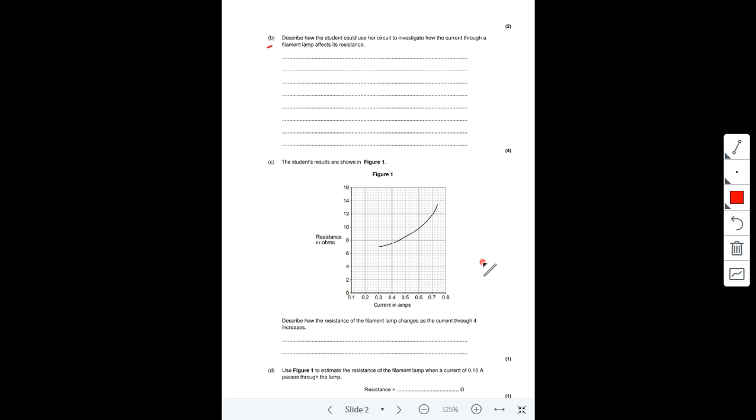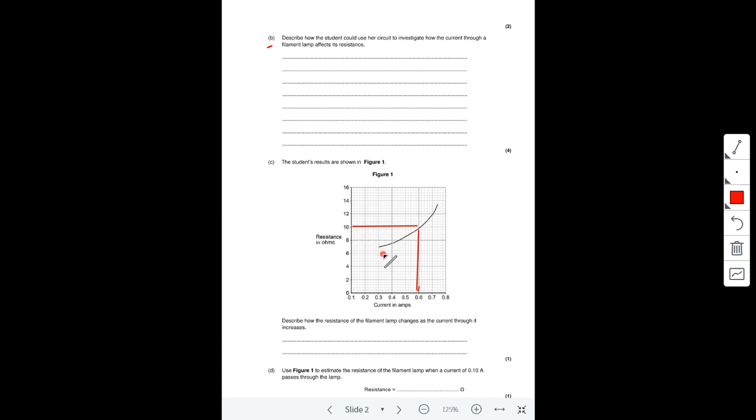Suppose, for example, it's given as calculate the resistance at 0.6 amps of current. At 0.6 you draw a vertical line, and where it touches your curve, at that point you draw a horizontal line. That is 10 ohms. So at 0.6 amps of current, the resistance is 10 ohms.